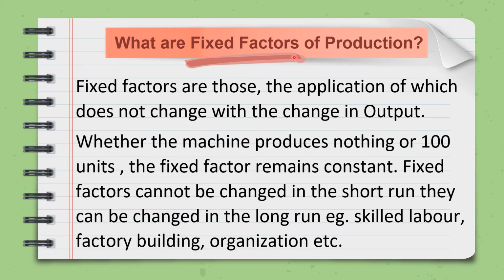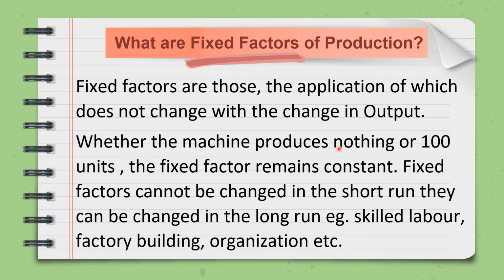We spoke about factors of production as being fixed and variable, but we really need to concretely define and understand what are fixed factors of production. Fixed factors are those, the application of which does not change with a change in output.